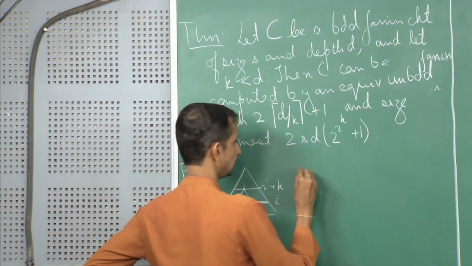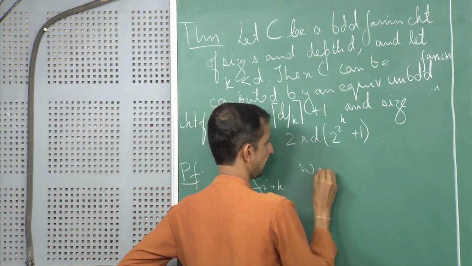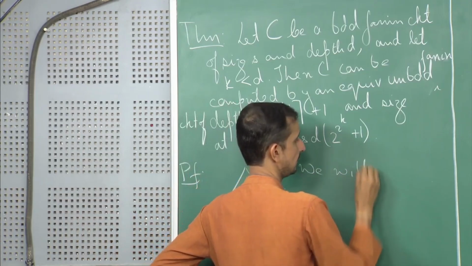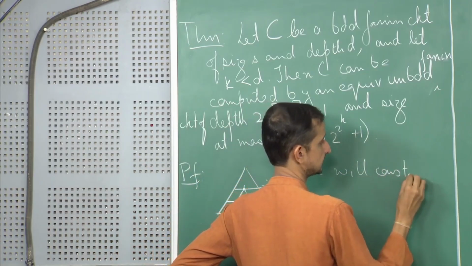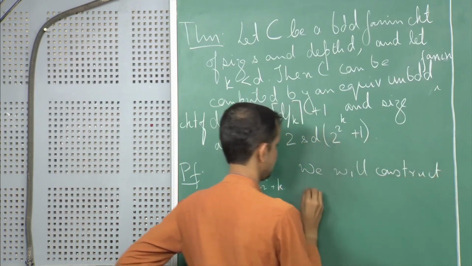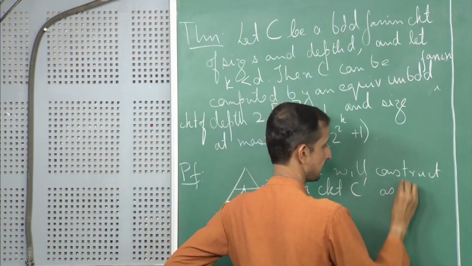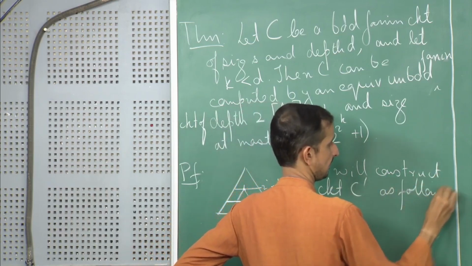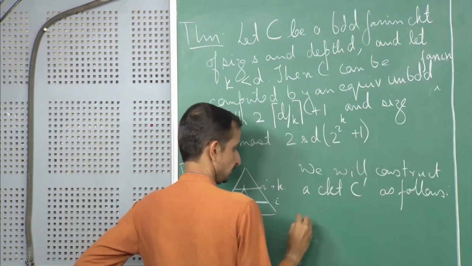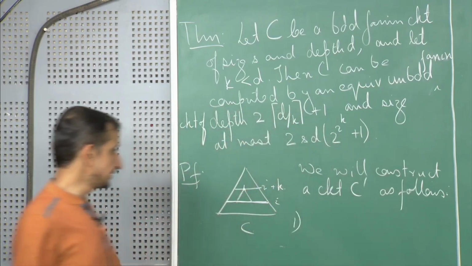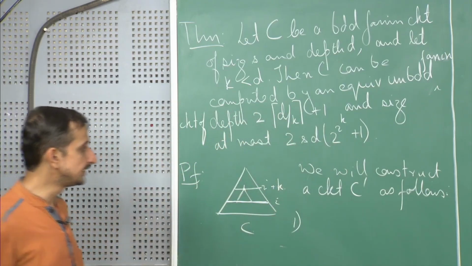So we will construct a circuit C prime as follows. The first step of the construction is to make sure that we can assume C is layered.